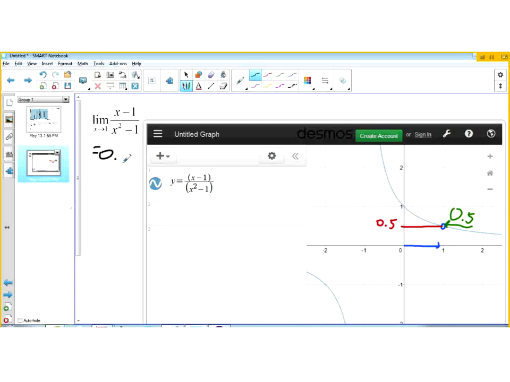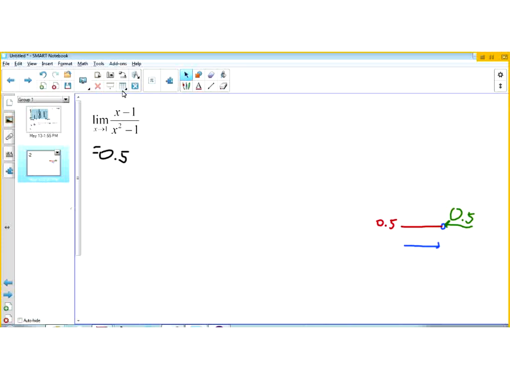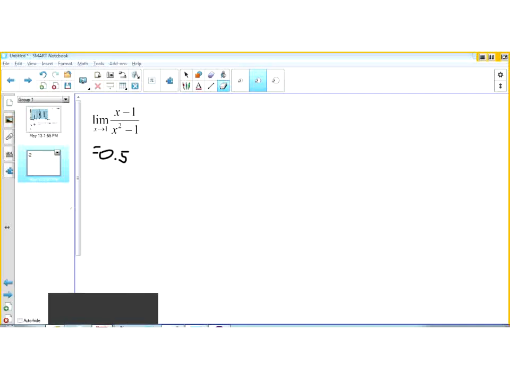Okay, and we can analyze this problem tabularly as well. So let me post the table for you. Let me copy the table.